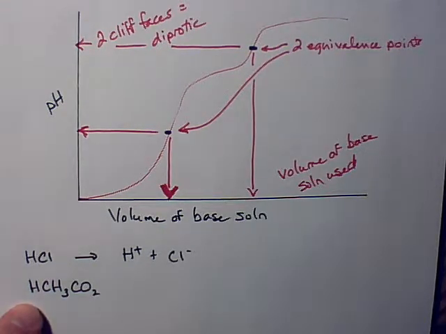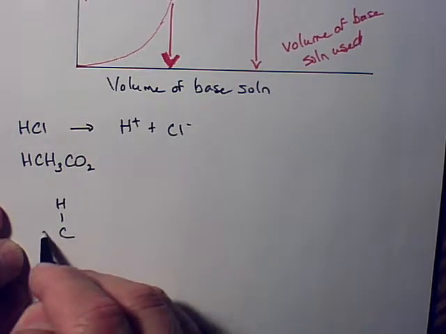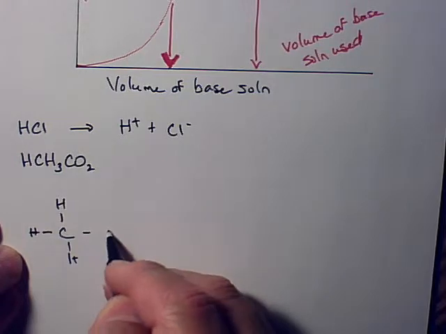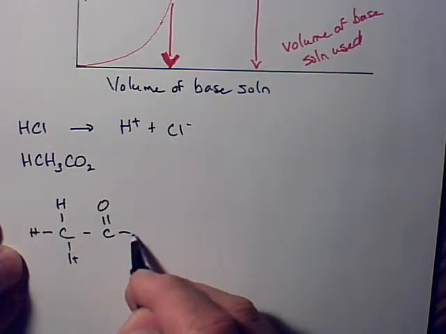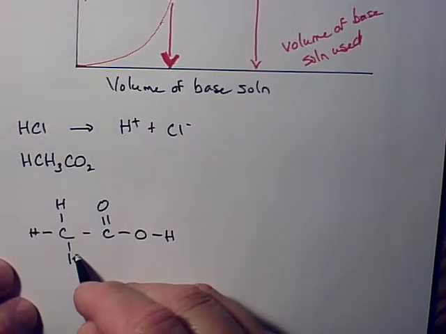Okay, but if it's bonded to an oxygen, remember when we did the structure of acetic acid, we said acetic acid actually had this structure if we were using Lewis formulas.